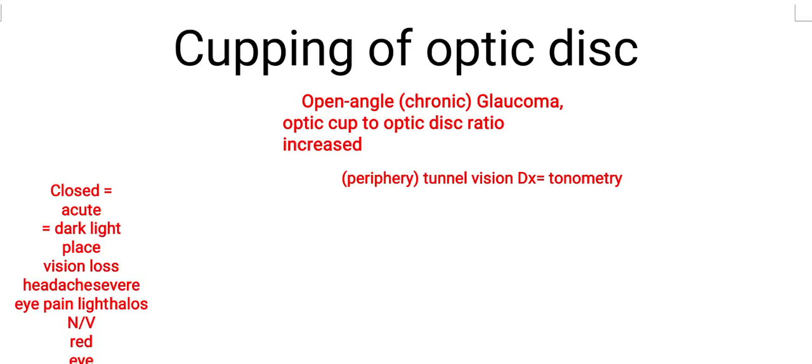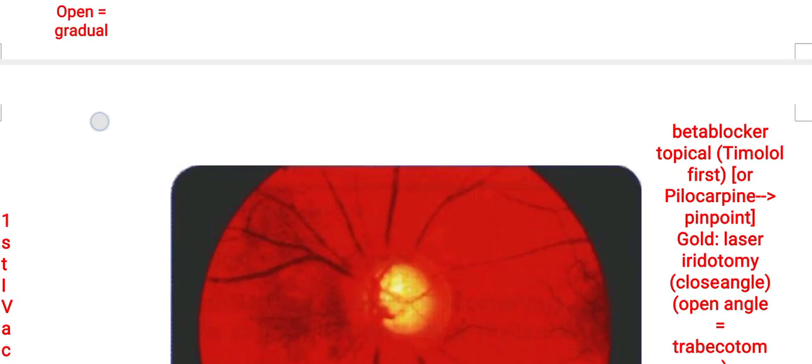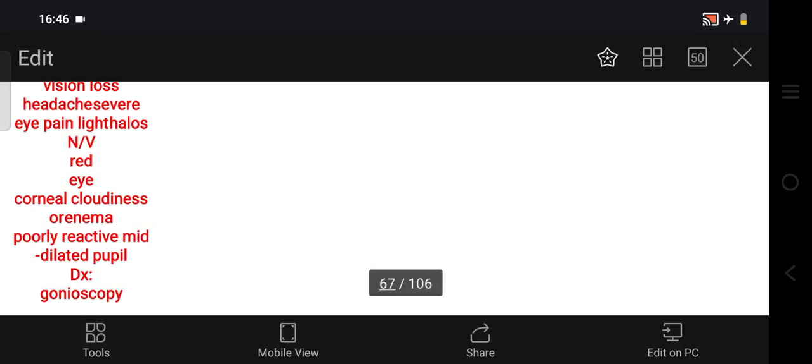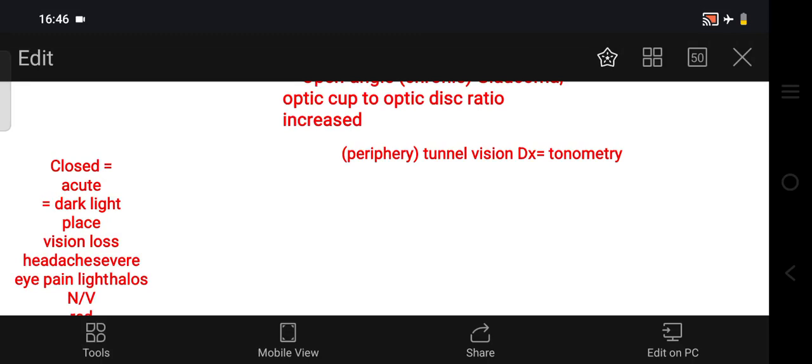The open angle is called chronic glaucoma, with gradual onset, and closed angle is acute.